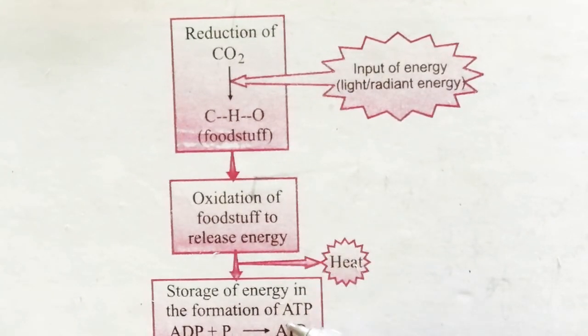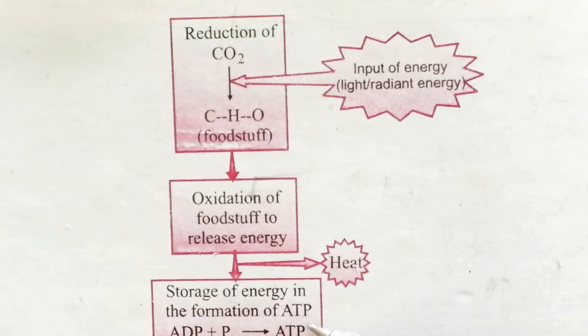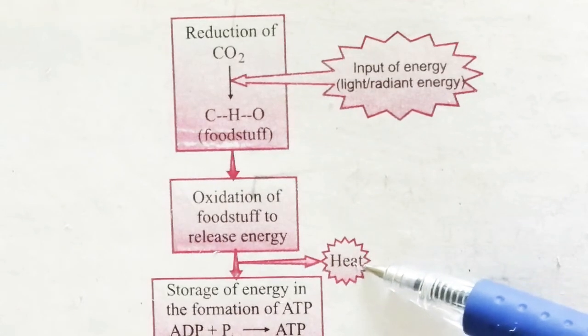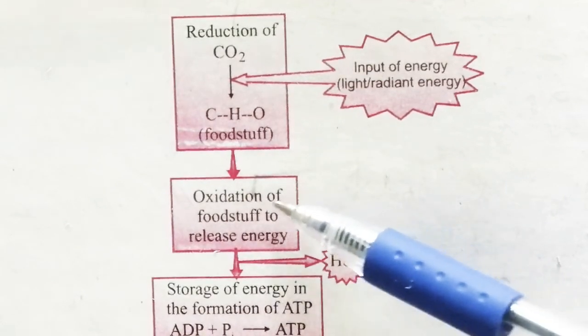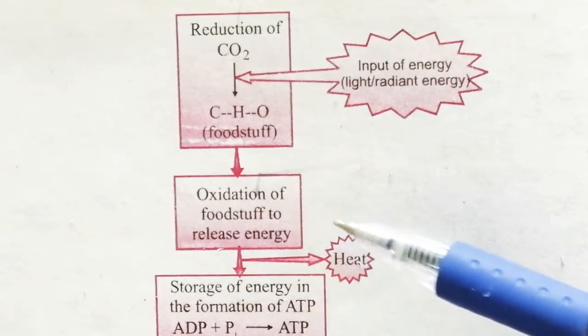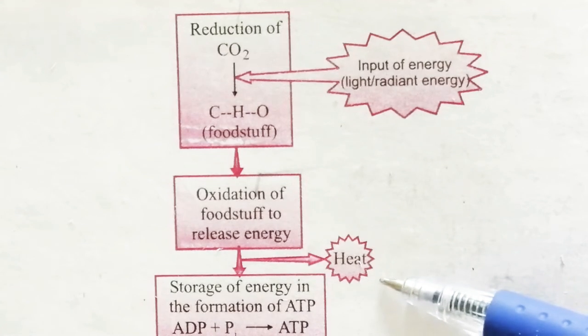Next step is storage of energy in the formation of ATP. Now you can also observe heat here, which indicates that during the process of oxidation or breakdown of food stuff in the presence of oxygen, some of the heat energy escapes from the body of the living organism.